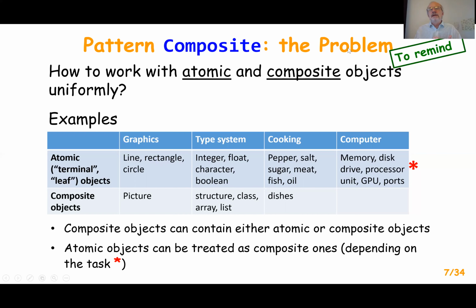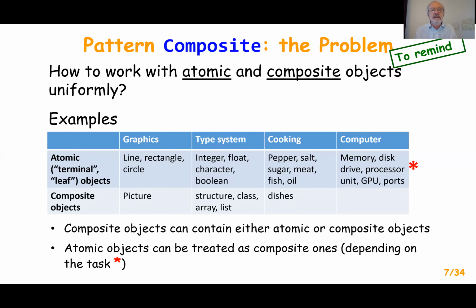This is a very practical aspect because in real life and in real programming as well, we deal with two base categories of objects. They can be characterized as atomic and composite objects. Atomic objects, or terminal objects, are entities that do not have an internal composition.